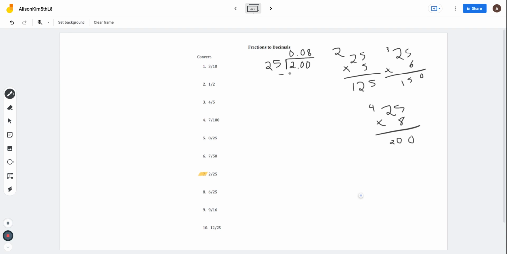We subtract 200 from 200 and get 0. So your answer would be 0.08.